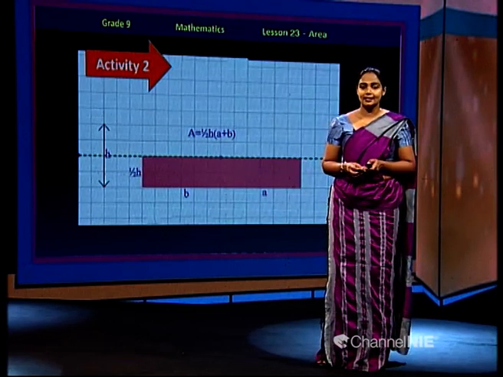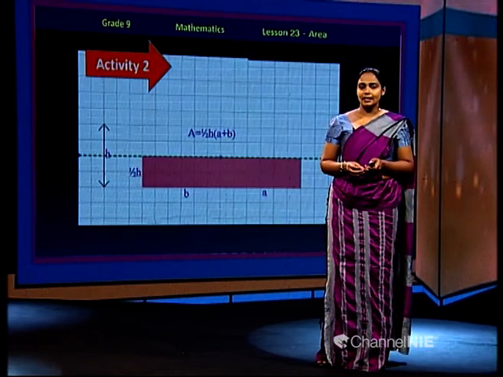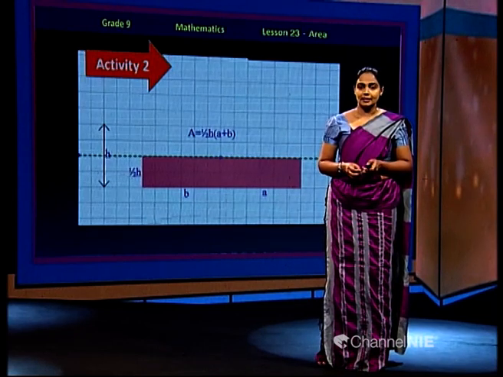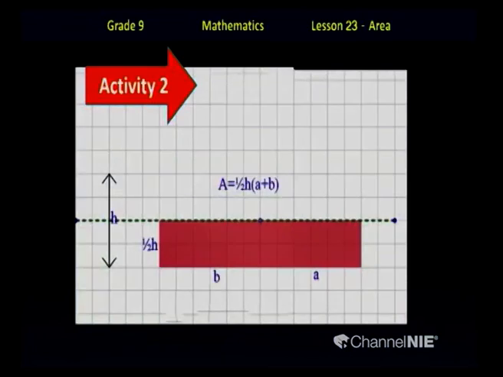It is very nice. Then what was the height between two parallel sides? It was h. Now it becomes half of h. It is the breadth of the rectangle. And what is the length of the rectangle? a plus b. Then we know how to find out the area of a rectangle. It is length into breadth.